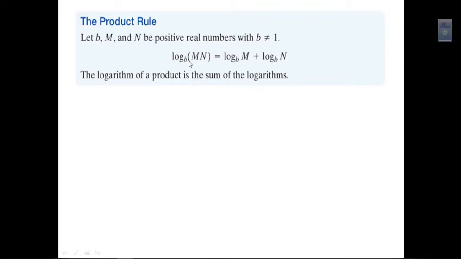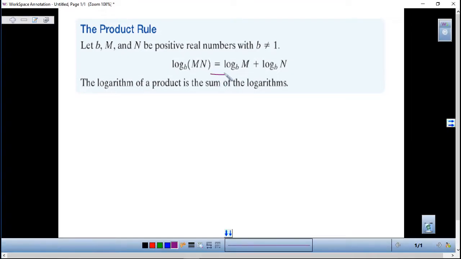You need to keep in mind this one will work either way. You can take a log of a product and break it into the sum of the logarithms, or you can take the sum of the logarithms and make it into a more concise and smaller version of a log. So this is a property that goes both ways.